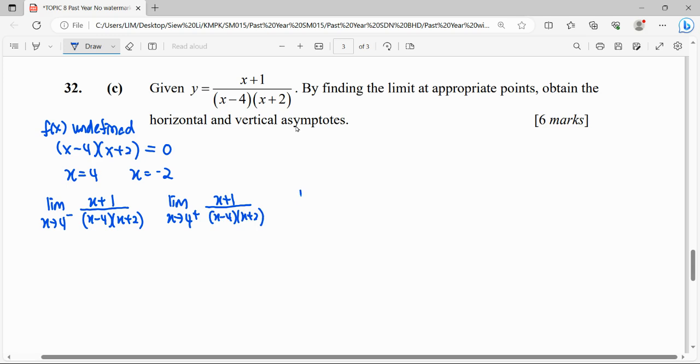Then another point will be x approaches negative 2 from the left-hand side and the limit as x approaches negative 2 from the right-hand side.